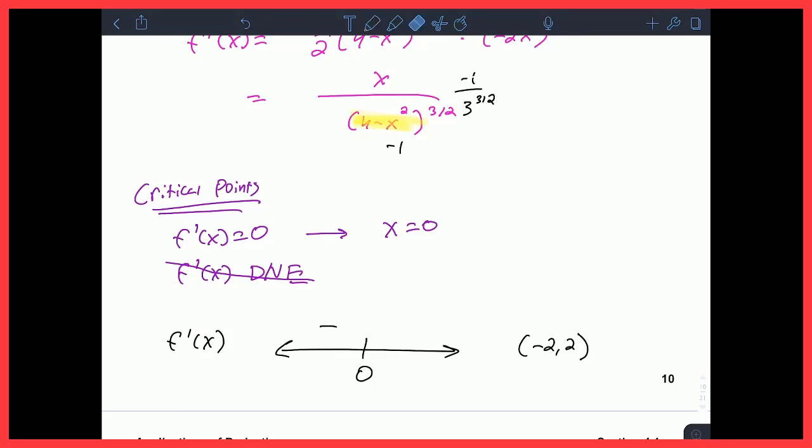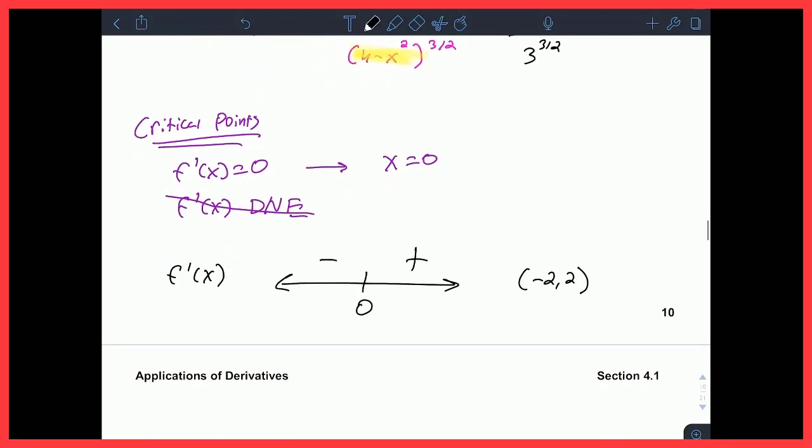If I plug a positive 1 into the derivative, I get 1 over 4 minus 1 squared, so 3 to the 3/2, which is some positive number. So I have evidence that this is an extreme value. Specifically, it's a minimum, because I changed from a negative to a positive.